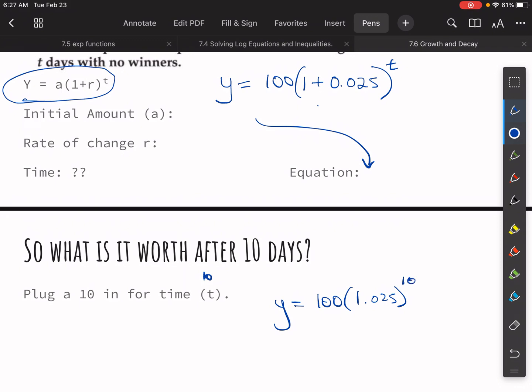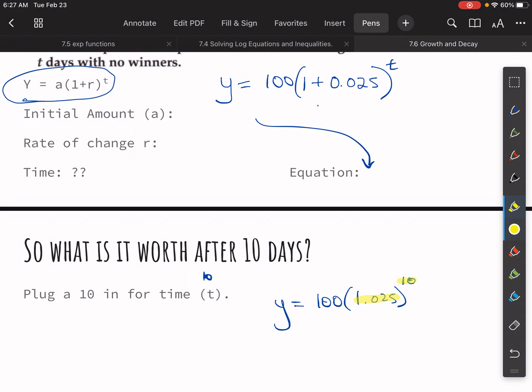Now be very careful here, you guys, okay? And actually I'm going to slow it down because some people make this mistake way too often. Remember PEMDAS, okay? Remember that we always do our exponents first. So where you're going to start this in your calculator is you're not going to start with the 100. You're going to start right here. You're going to punch in 1.025.